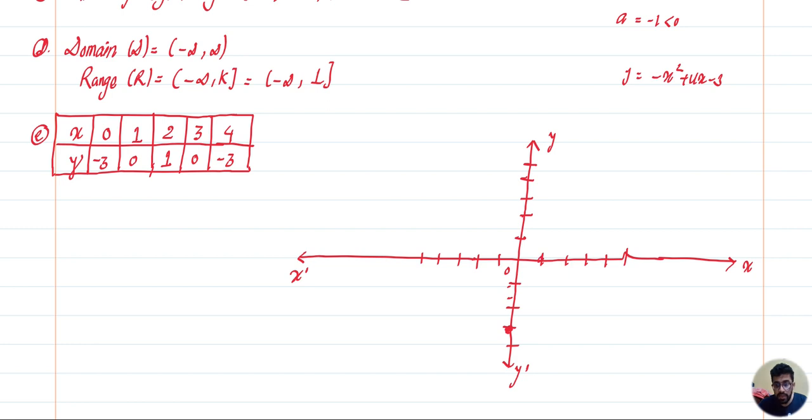Next 1 comma 0, here is 1 comma 0. Next 2 comma 1, and this is the turning point. From here our parabola must turn downward. And 3 comma 0 is here, and next one is 4 comma minus 3, here.